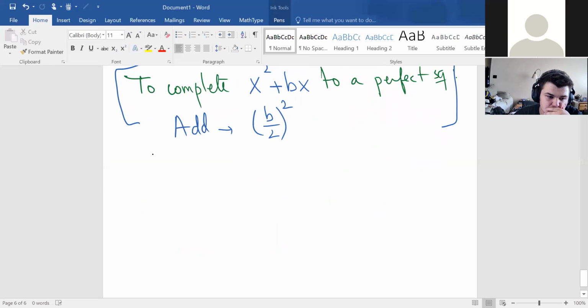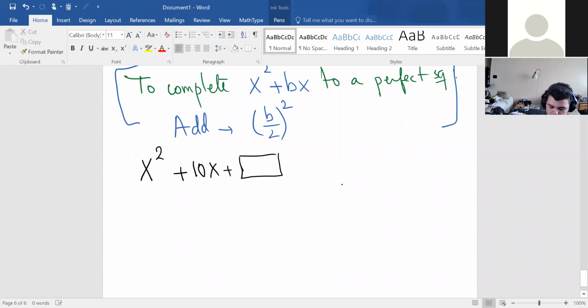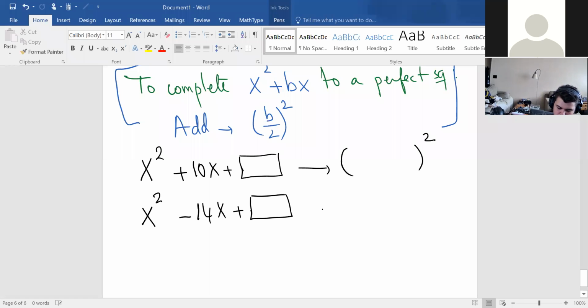x squared plus 10x. What is the missing number? And then after you get the missing number, what is a square? Do it, everybody do it by yourself, please. So we're gonna try to see if everybody will be able to do it right here. And then what you get.